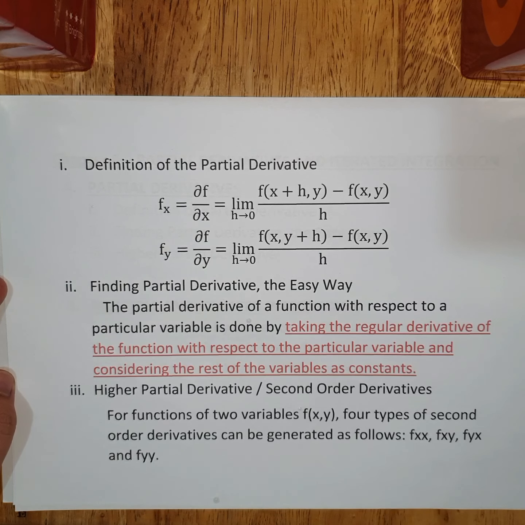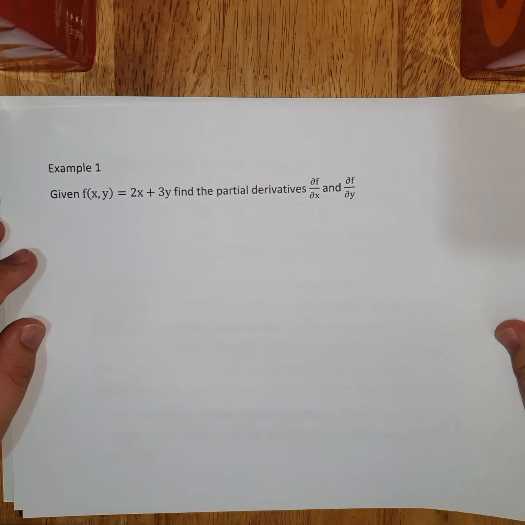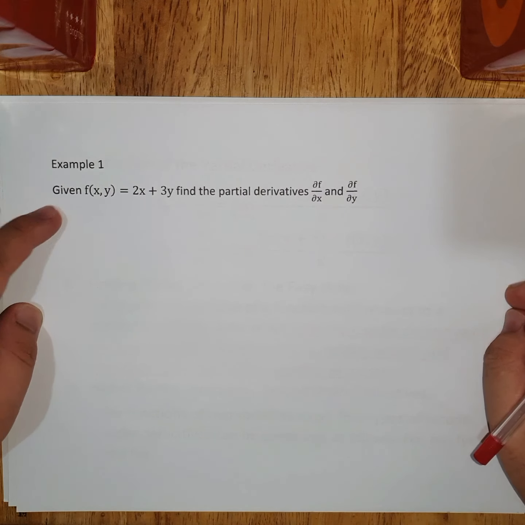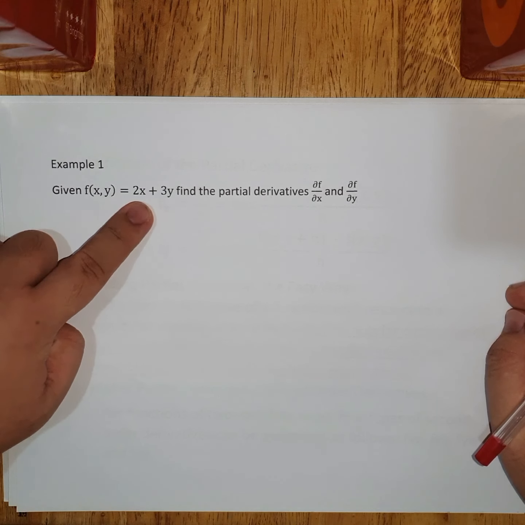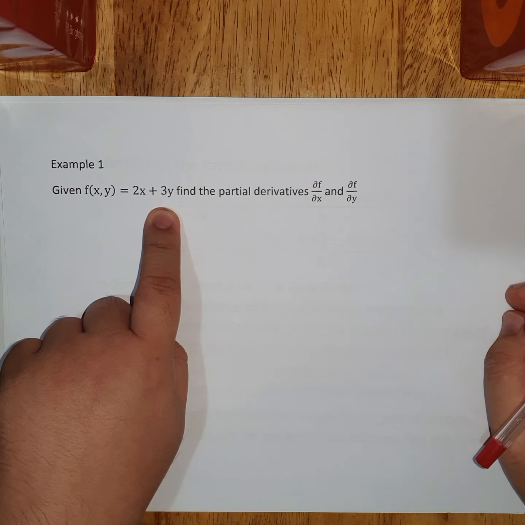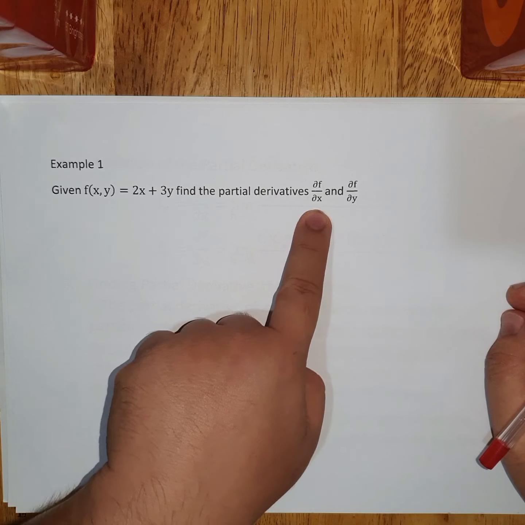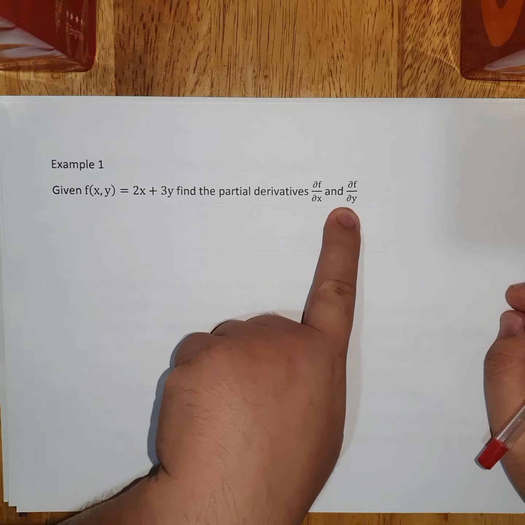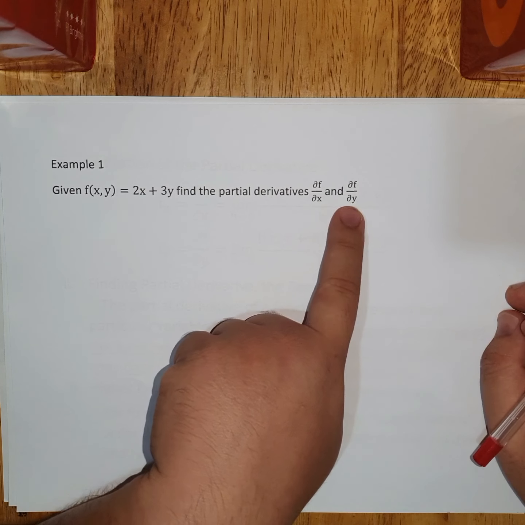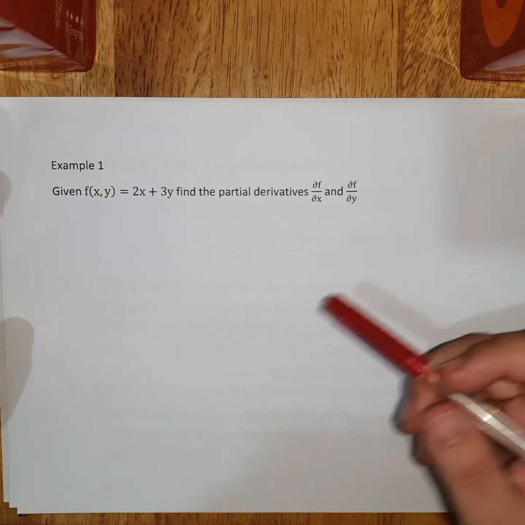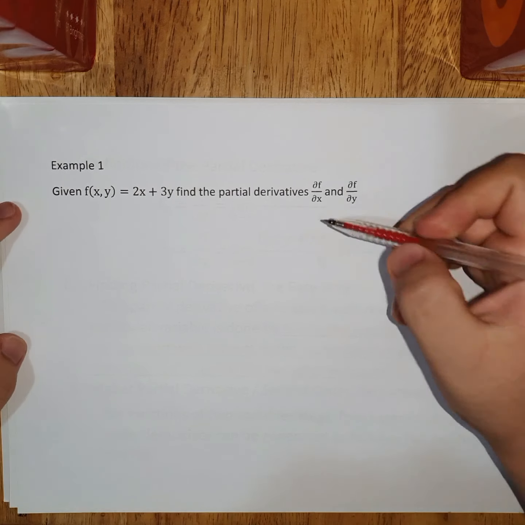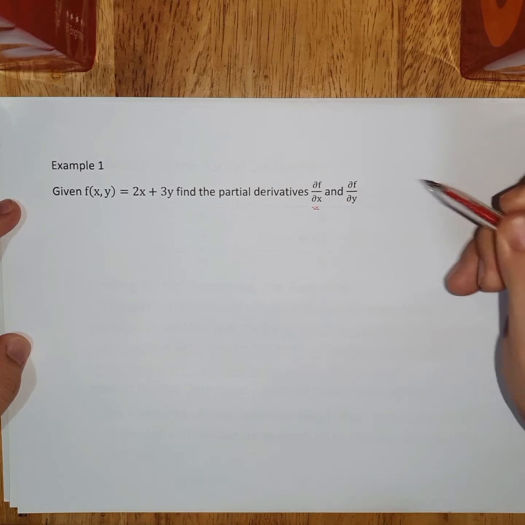So here is our first example. Given a function in terms of x and y, we have 2x plus 3y. Find the partial derivative with respect to x and the partial derivative with respect to y. Okay? Let's focus first on the first one, the partial derivative of x.